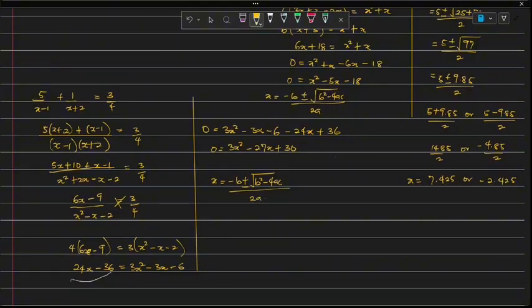You can recall that a quadratic equation is ax squared plus bx plus c. The coefficient of x squared is a, the coefficient of x is b, and the constant is c. Therefore, our a in this situation is 3. Our b is minus 27.